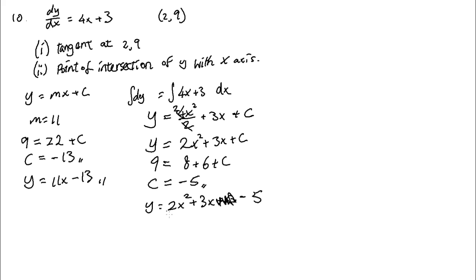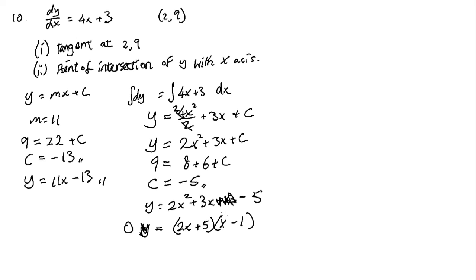So for the points of intersection, if I factorize this and find the solution for y equals 0, then I can find the answer. So let's write 0 equals the factored form of 2x squared plus 3x minus 5. It is a minus 2, so I know this is a minus 1 and a plus 5.